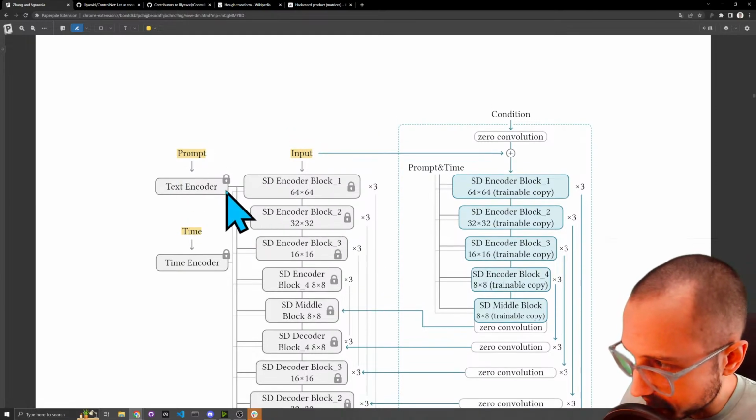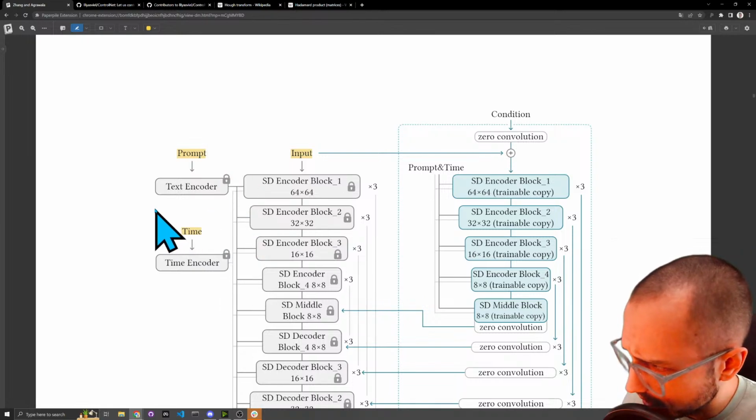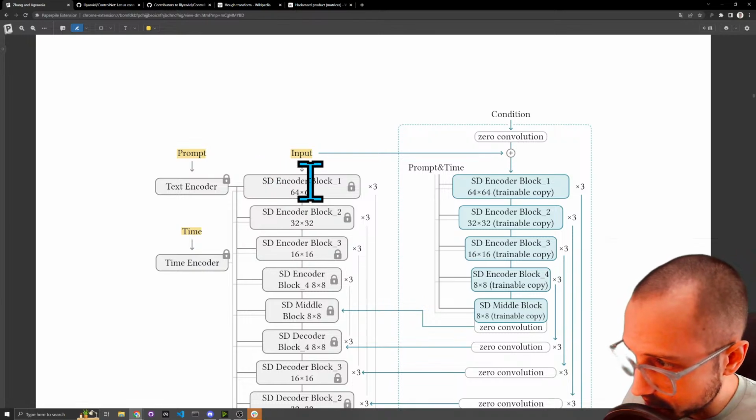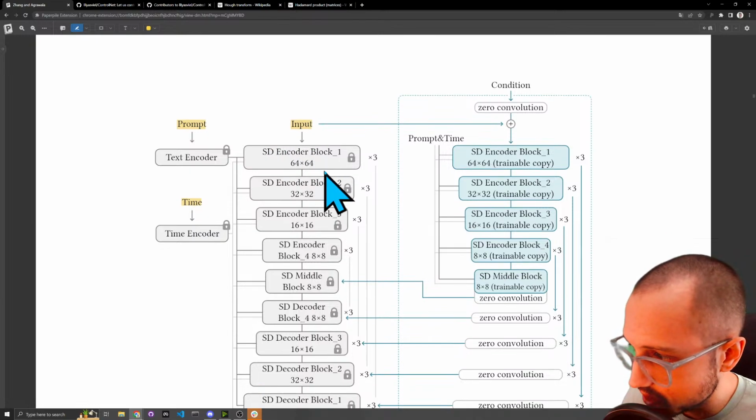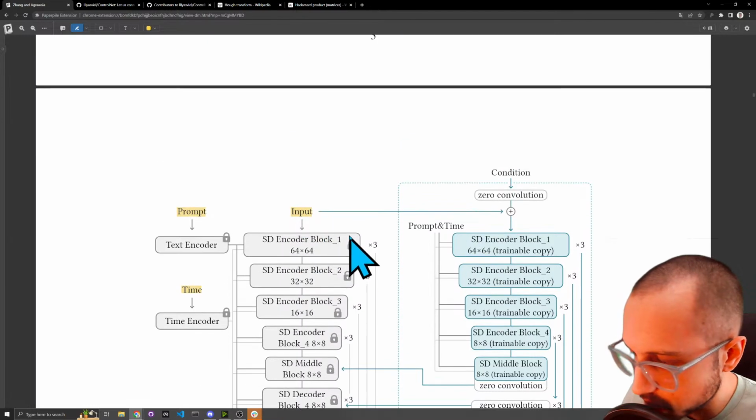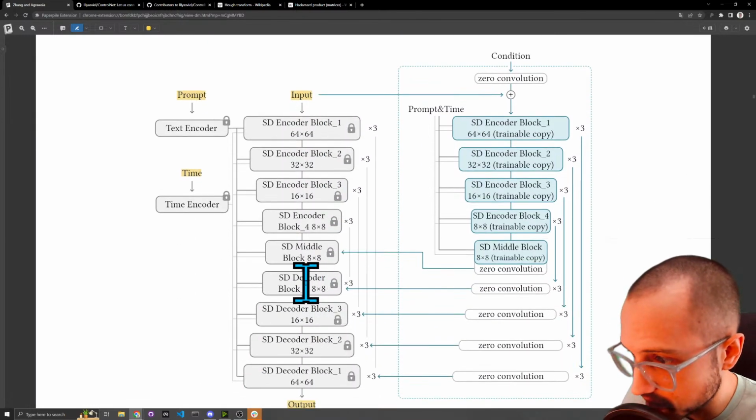And they feed that through some text encoder, probably CLIP, right? And you're not changing the weights of the CLIP model. You're not changing the weights of the time encoder. These are just fixed. And you're taking every kind of brick inside your diffusion model. So these are all different bricks. I call them bricks. Block, I guess, is the terminology that they use in this paper.